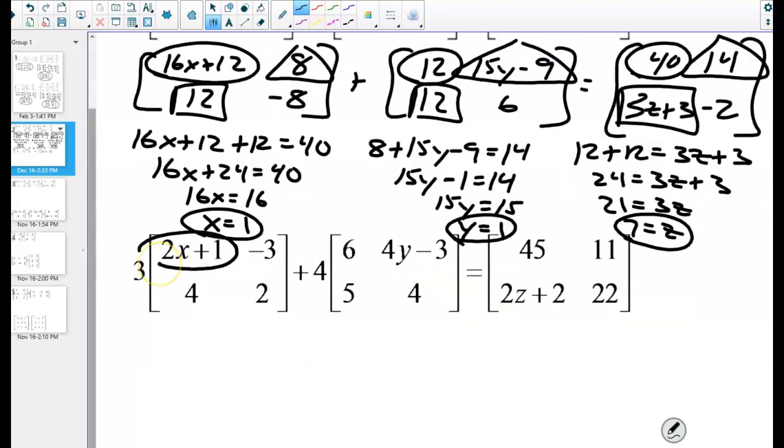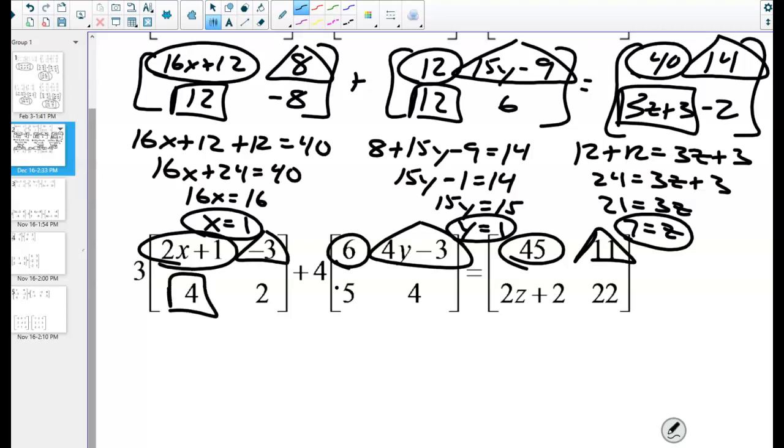All right, so I'll circle here. I'll circle here. I'll circle here. I'm going to triangle up the top right, triangle up the top right, triangle up the top right. And then we'll put a box around these. Okay? So that's what I'm sticking together with. So, 3 times 2x plus 1. 6x plus 3.